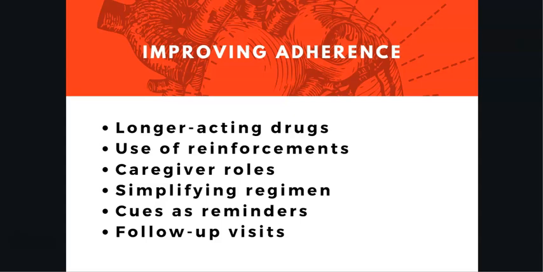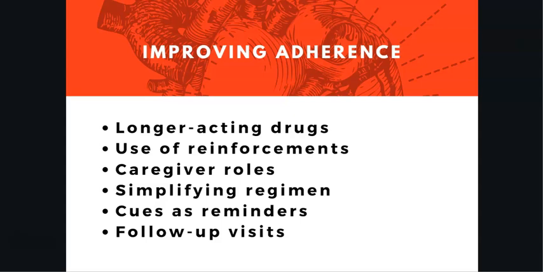So how can we work to improve adherence? We can give longer acting medications. So instead of giving a patient a medicine that they have to take 3 times a day, maybe we look into giving them something that works the same that they can take once a day. Use reinforcements.